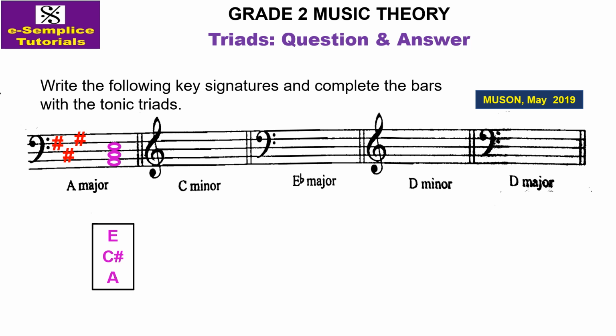Now for C minor, let's write the key signature for C minor. We have B flat, E flat, and A flat. Take your time, figure out the triad.